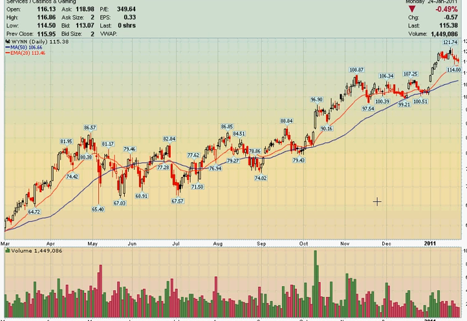But anyway, as you can see here, Wynn. The very first thing that catches my eye when I look at a chart is I ask myself: is the stock in an uptrend or in a downtrend? That's the first thing I ask myself. When I look at this chart, you can see this stock is clearly in an uptrend.